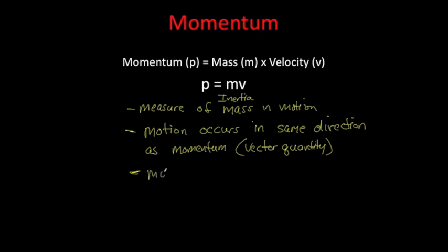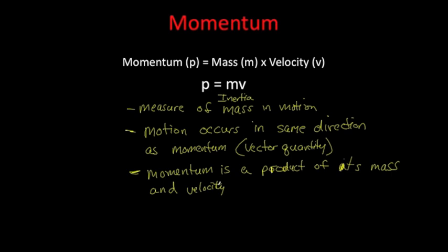So momentum is a product of its mass and velocity of an object, and you have the calculations up here.